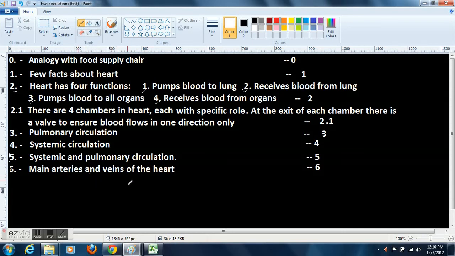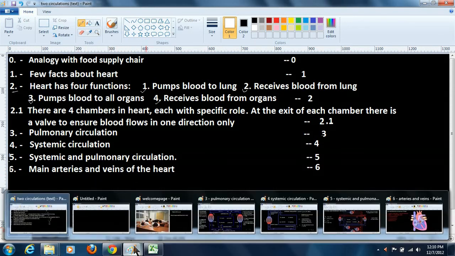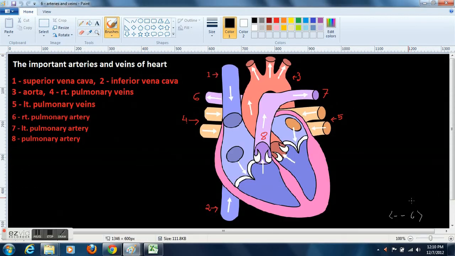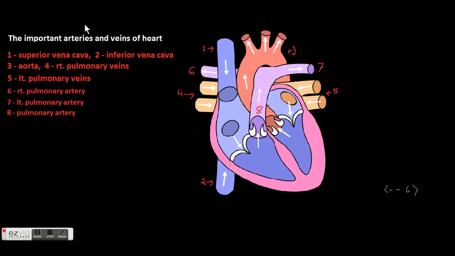Now I will be discussing the main arteries and veins of the heart. We have already discussed what is artery and what is vein. So now let us talk about the main arteries and veins. The first one, you see at the top here, this is called the superior vena cava, which is a vein.